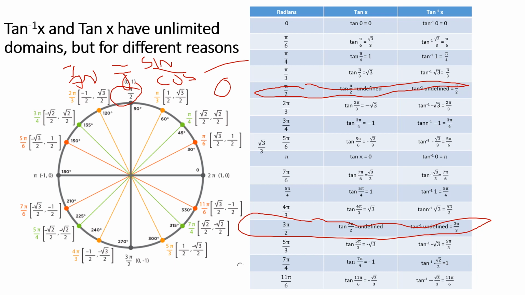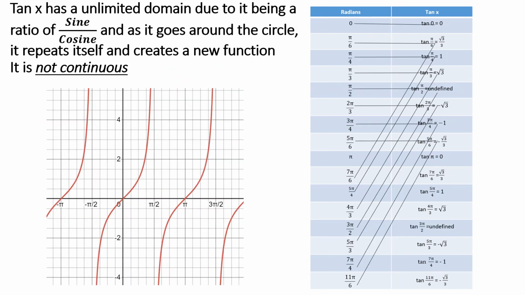3 pi over 2 also has 0 for the cosine, which is going to make 0 in the denominator. So it cannot exist. It can approach it, but can never exist. So it's interesting. I still have one output. One line from each input going to an output.